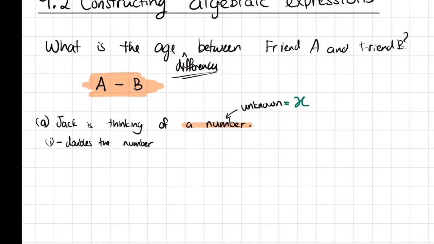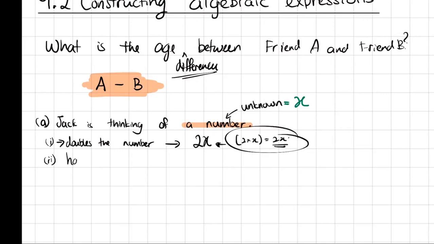Okay, so what happens when I say double the number? If I express it in terms of the unknown, it will be 2 multiplied by X, which is 2X. The working is 2 times X, which equals 2X. The next one, let's say if I ask you half of the number and then add 3.